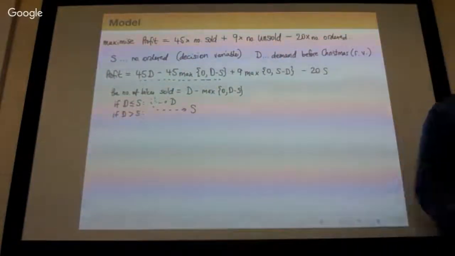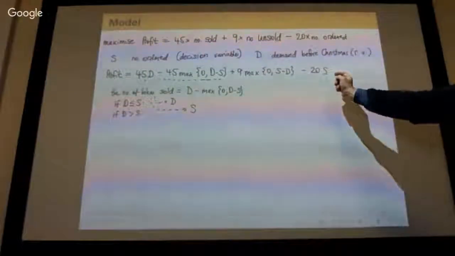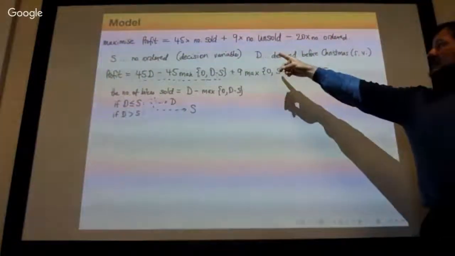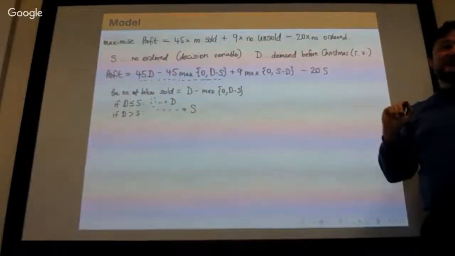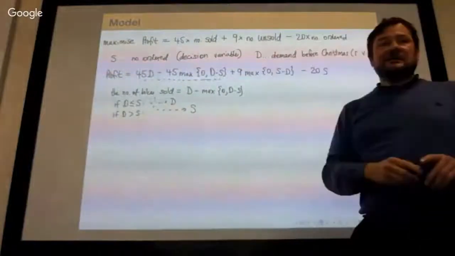All right. So now we're changing the whole thing, because instead of maximizing the profit, 45D is something we can't influence in this formula. So what we're deciding is S, okay? And the demand is a random variable out of our control. So this bit of the profit is independent of what we do.